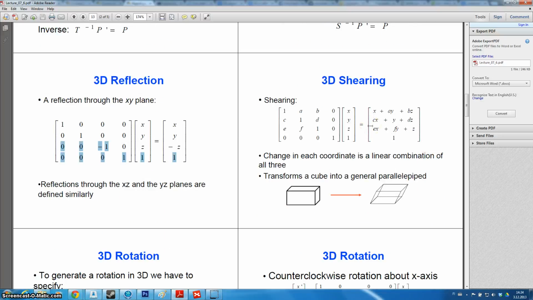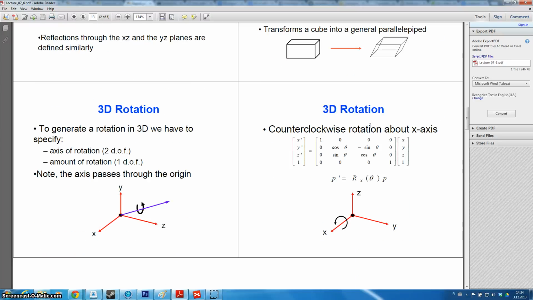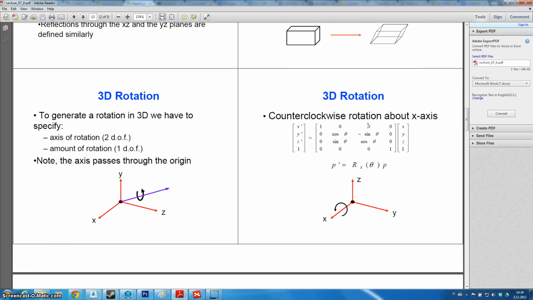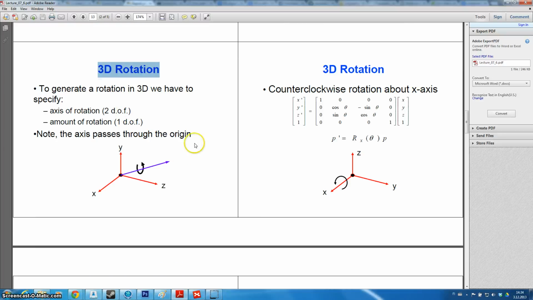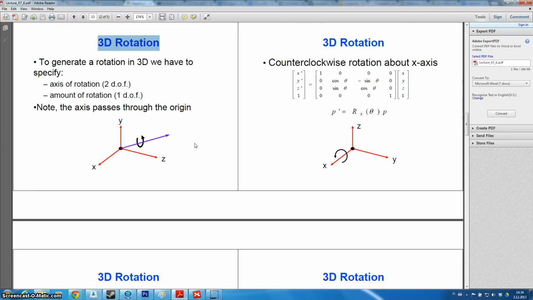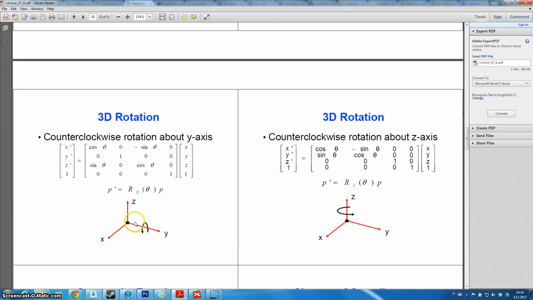And then there is also 3D Gaussian, but the most useful thing is rotation, where we can rotate the axes.